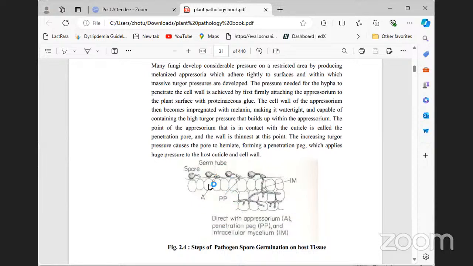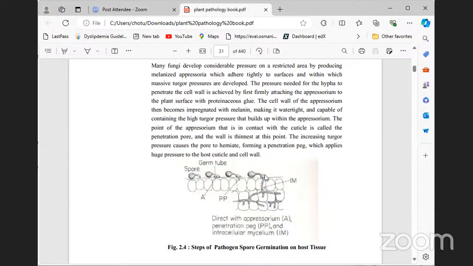You can observe this in the figure: steps of pathogen spore germination on host tissue. A is the direct appressorium. PP means penetration peg. The third one is intracellular mycelium, which develops deep in the cell wall.